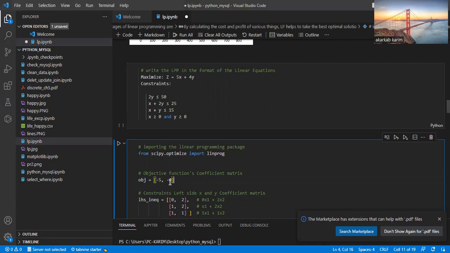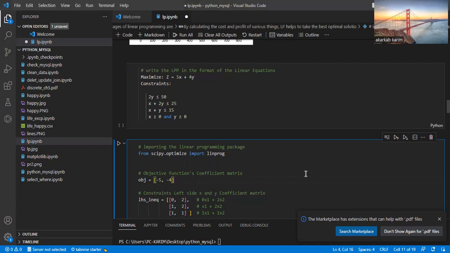Well, this is the objective function with the coefficients minus 5 and minus 4, and we have the constraints as we see here. We have 0 for x because we need 0 hours for x in machine 1, and 2 for y. And we have 1 hour for x and 2 for y. Also we have 1 hour for M3 to produce x and 1 hour for y.